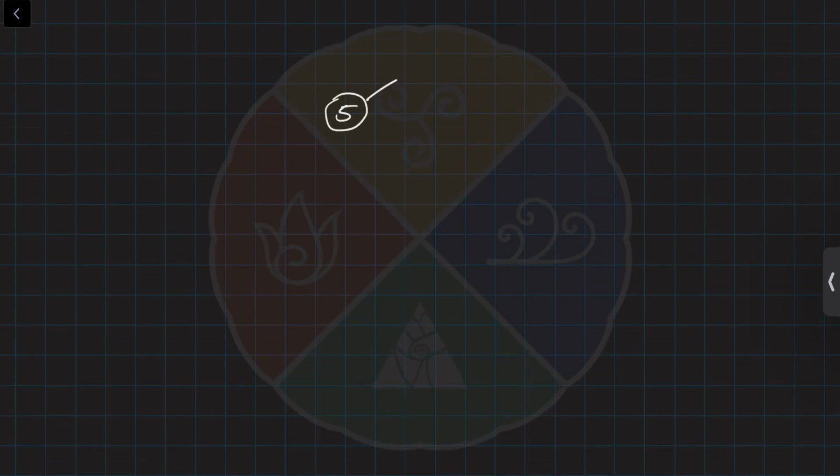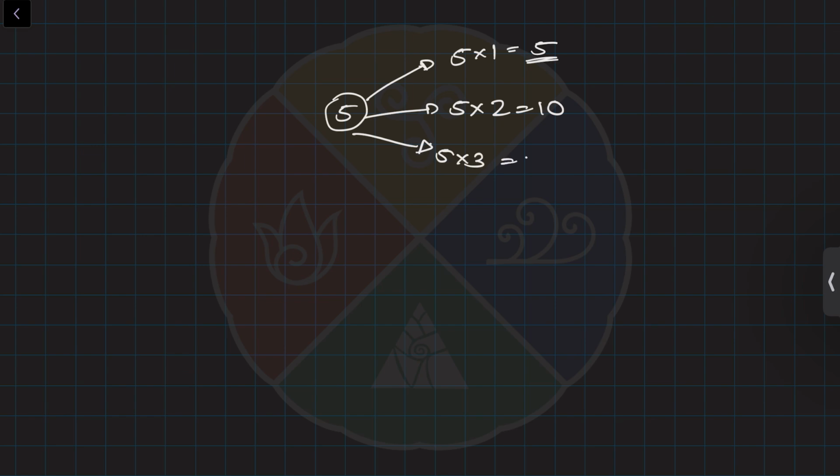The multiples of this number will be simply 5 multiplied by any natural number. So 5 is a multiple of 5. 5 into 2, 10 is a multiple of 5. 5 into 3, 15 is a multiple of 5. 5 into 100, 500 is a multiple of 5. And 555 is a multiple of 5.